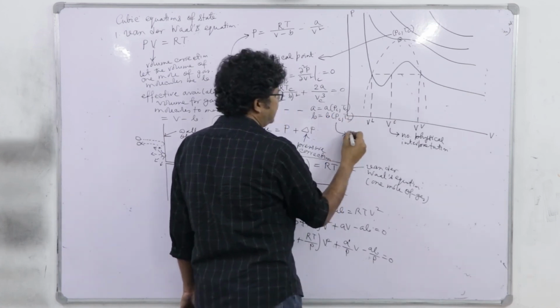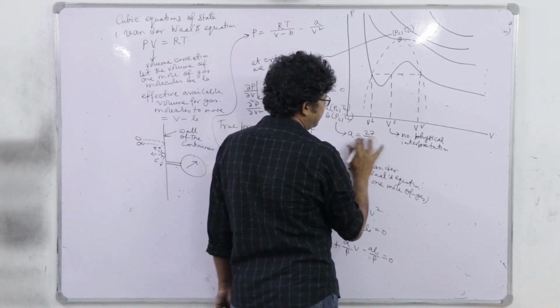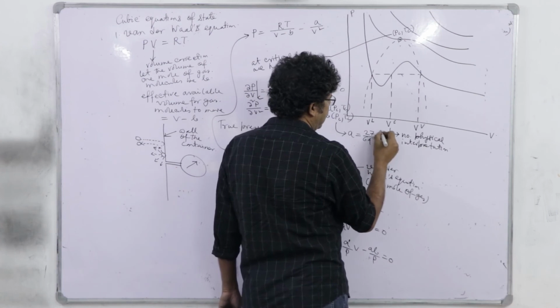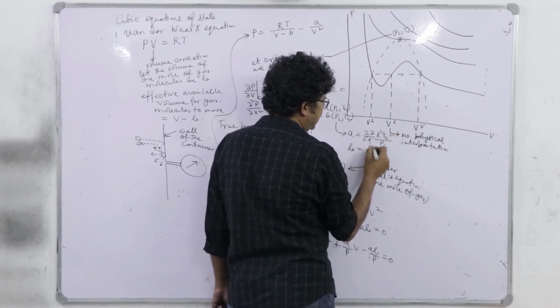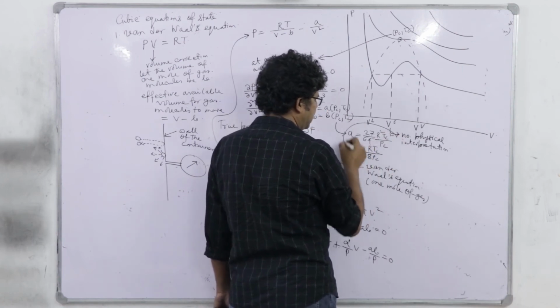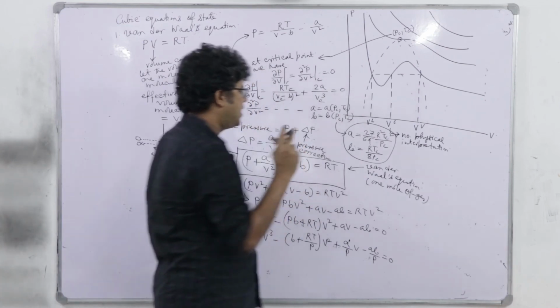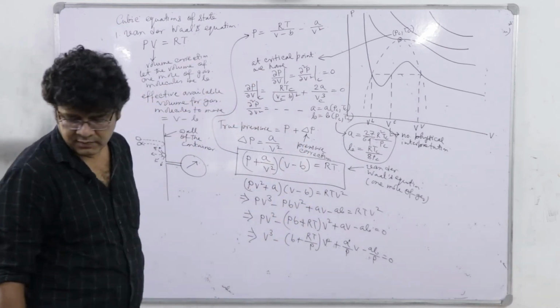And the answer, as you all know, A will be 27 divided by 64 R square TC square divided by PC, and B will be equal to RTC divided by 8 PC. So, that we can determine from this critical point property of vanishing first and second order derivatives.